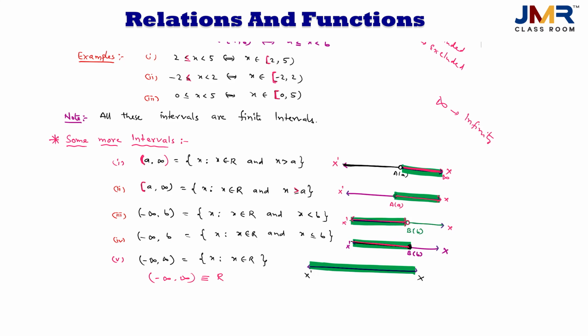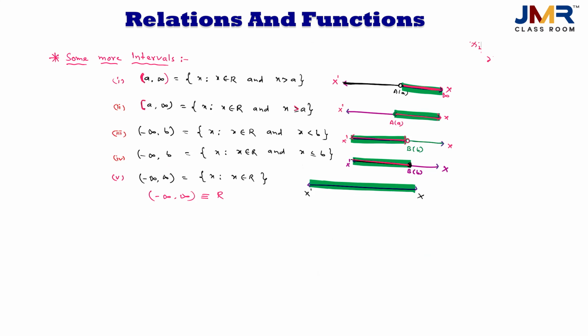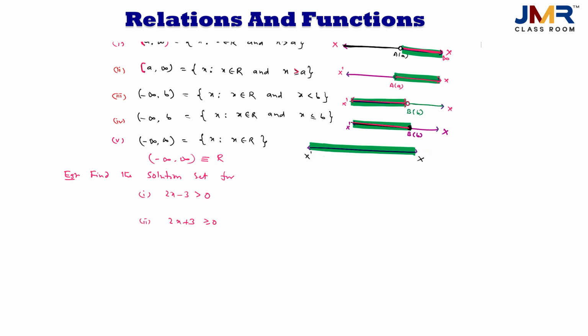For example, find the solution set for the first one: 2x minus 3 greater than 0. Second one, 2x plus 3 greater than or equal to 0.